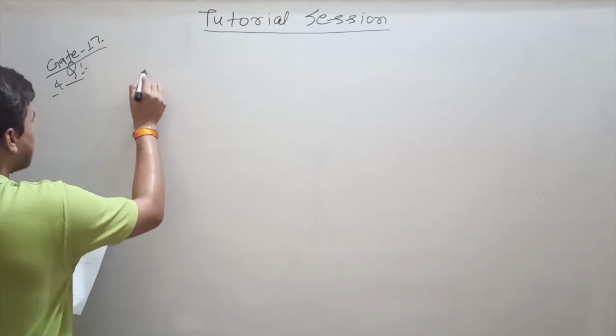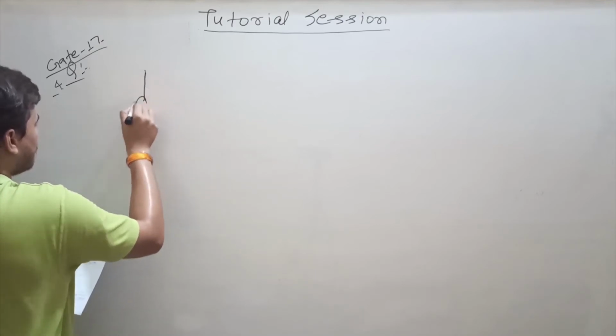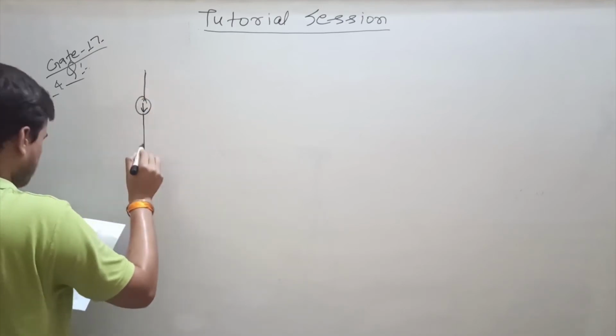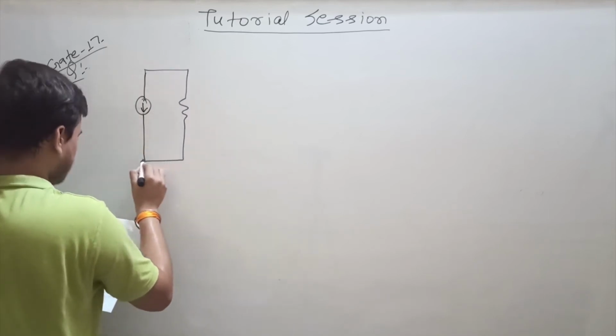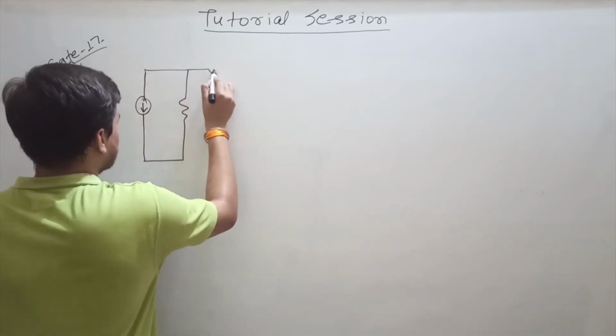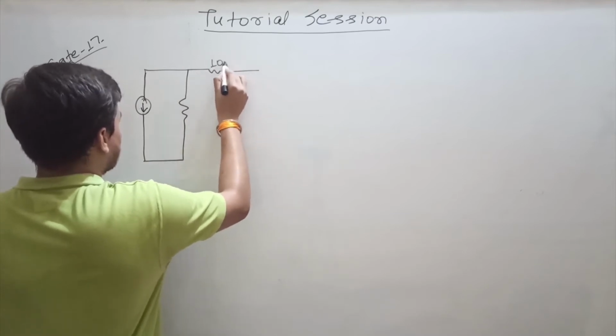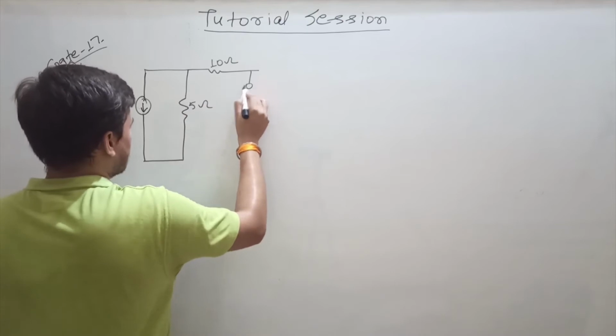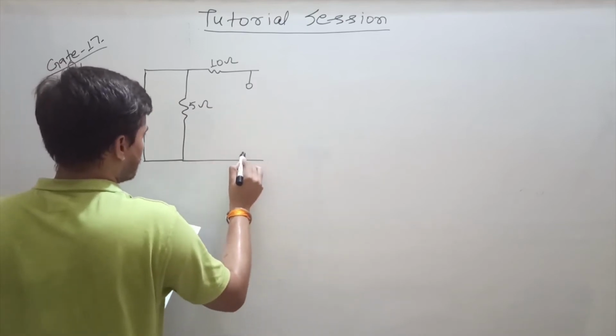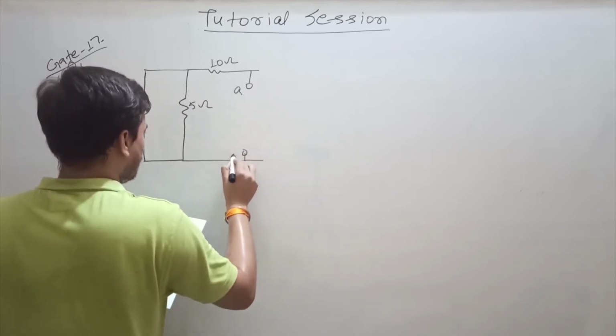Here it is given that you are having a current source, then a resistance, 10 ohm, 5 ohm, points A, B.